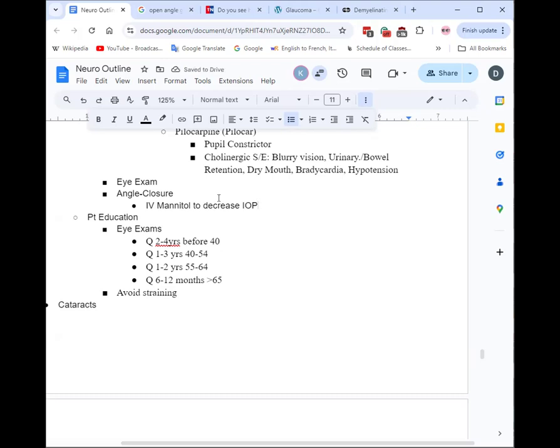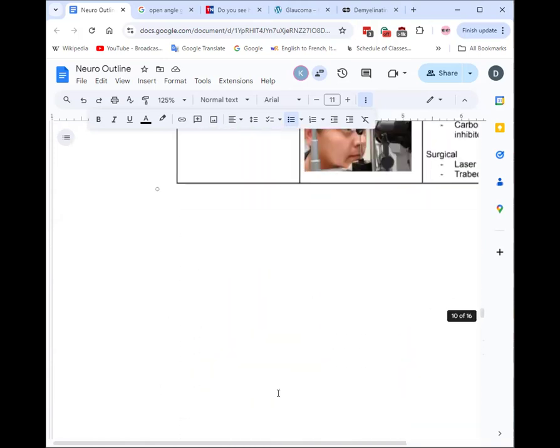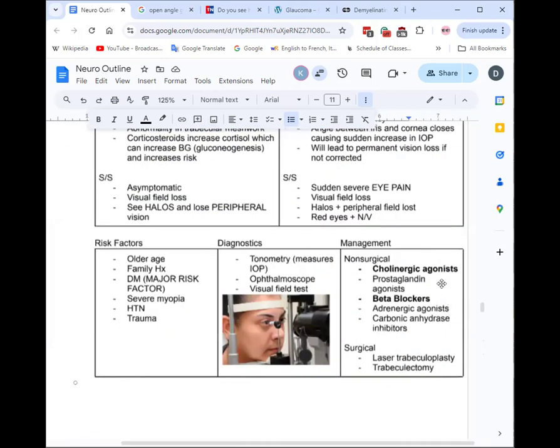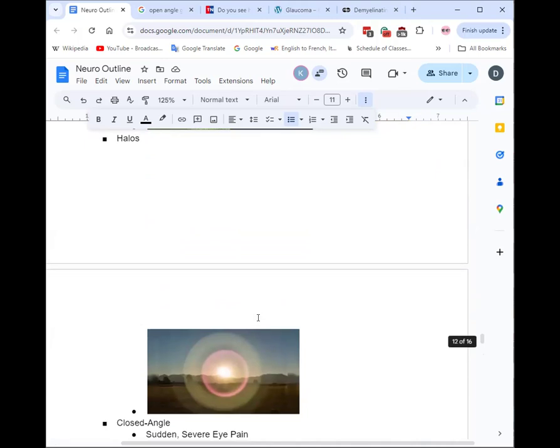Just like IV mannitol is good for your ICP, it also seems pretty good for that intraocular pressure. Other than that, we have all this information here as well. There are some surgeries for it, but I don't think that's a focus.